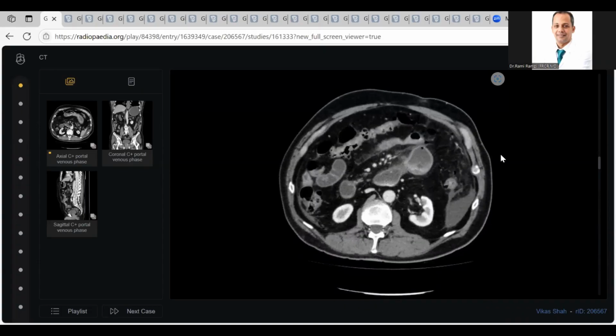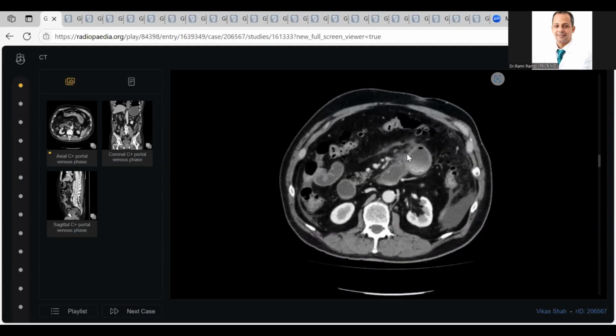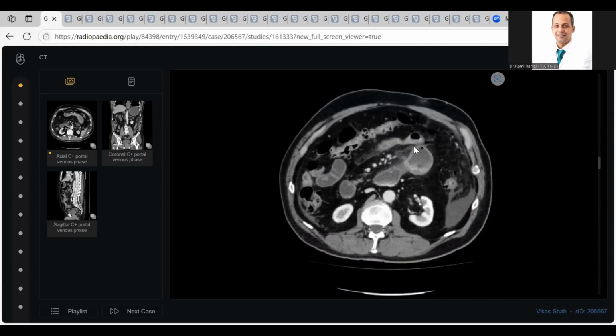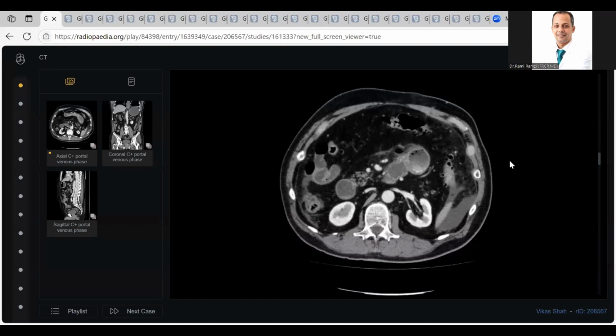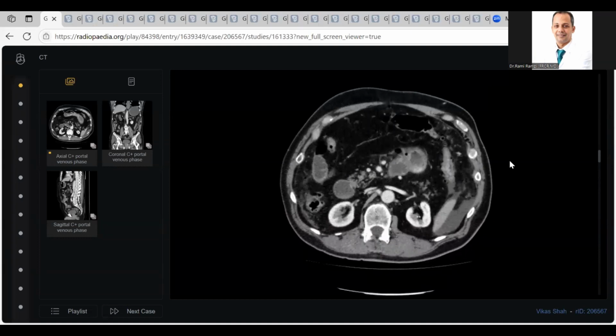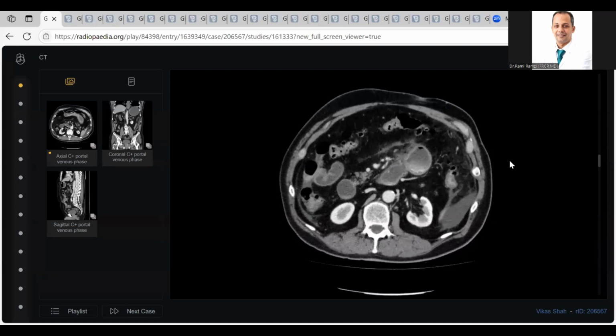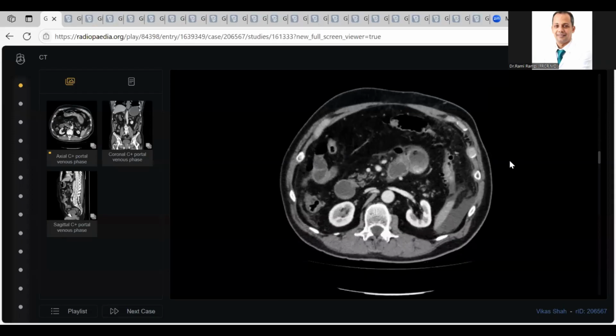There is smudging. There are air foci, 1, 2, 3. And the bowel here, at least tell yourself, this is abnormal bowel. If you tell the examiner like this, even if you didn't give a definite diagnosis, at least you pick up the key of the disaster.